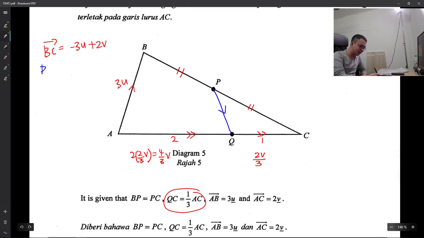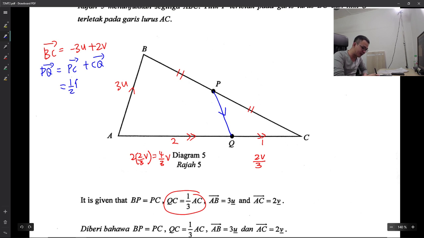So PQ will be PC plus CQ. PC will be half of BC. Half of BC, we know BC is -3u plus 2v, plus CQ.